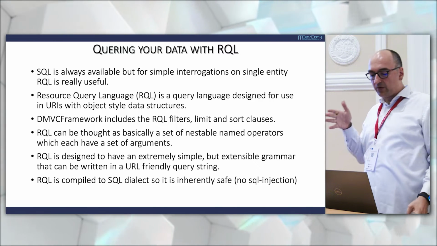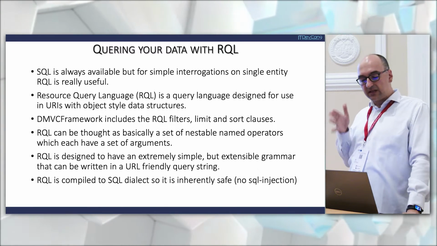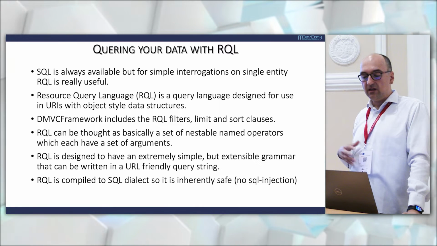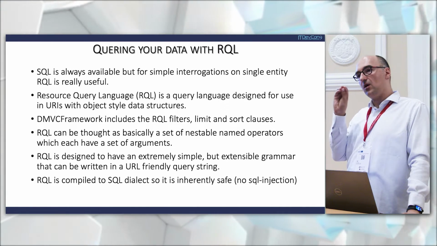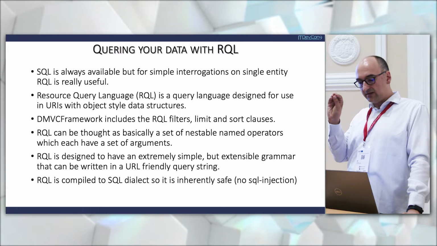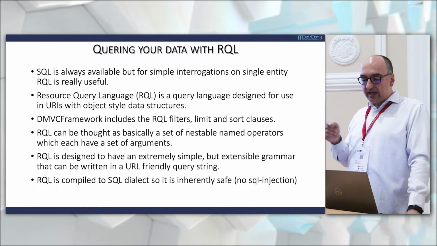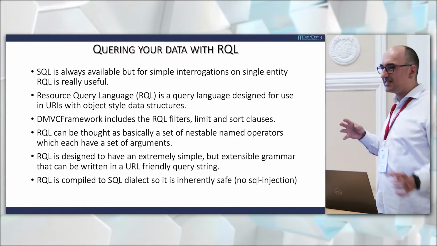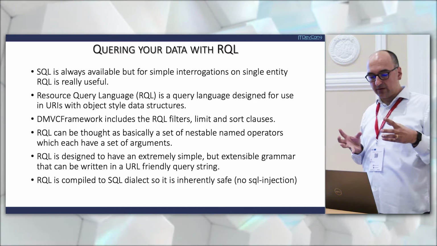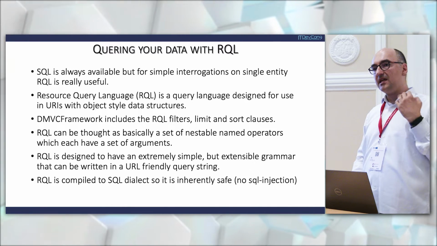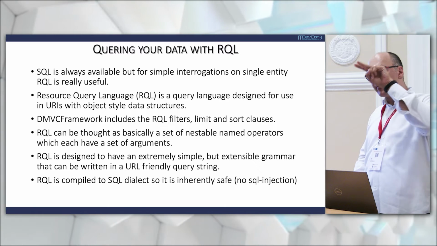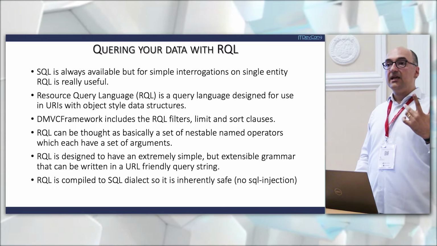The MVC framework includes RQL filters, limit, and sort clauses. Applied, and this can be applied only to a single entity. RQL can be seen as a set of nestable operators and is designed to be simple and safely transferred as a parameter on the URI.